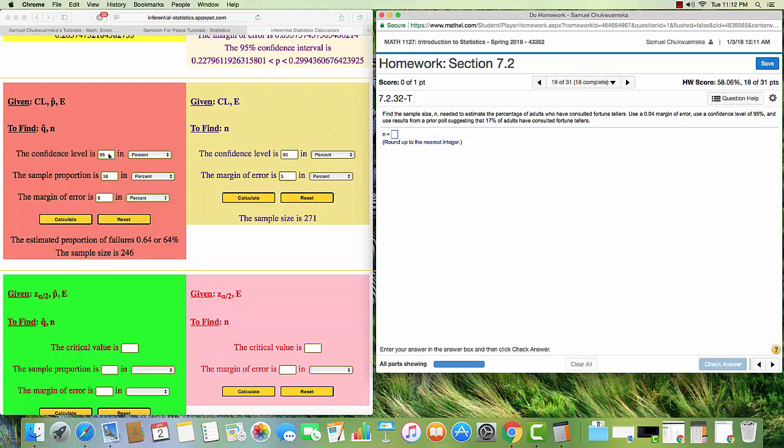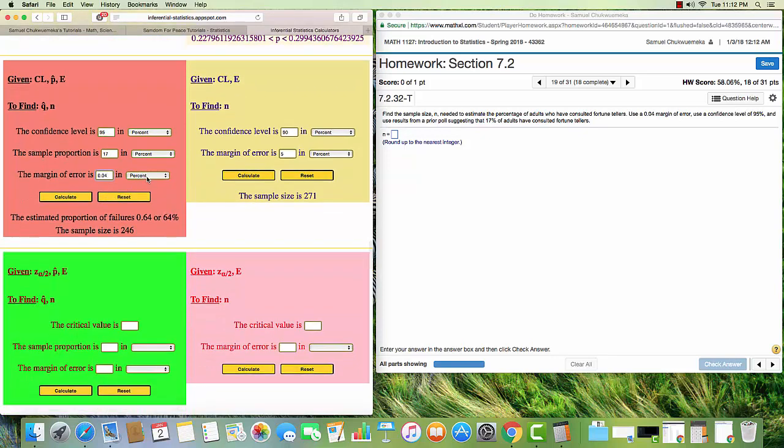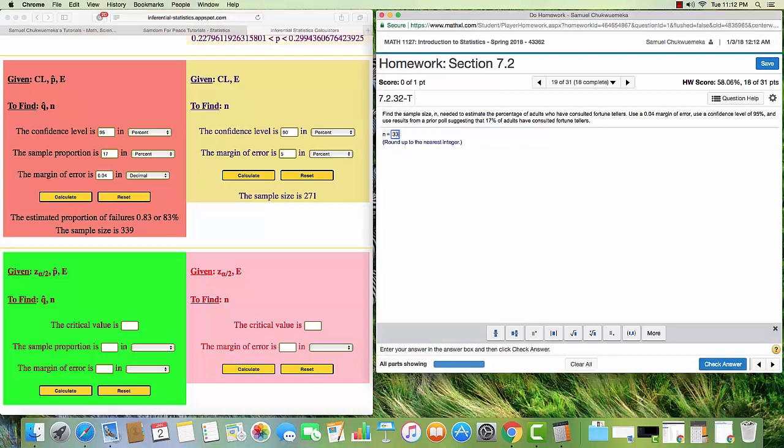So confidence level is 95%. Sample proportion in this case is 17%. Margin of error is 0.04. Please don't use percent. This has to be decimal. Calculate. So the sample size is 339.